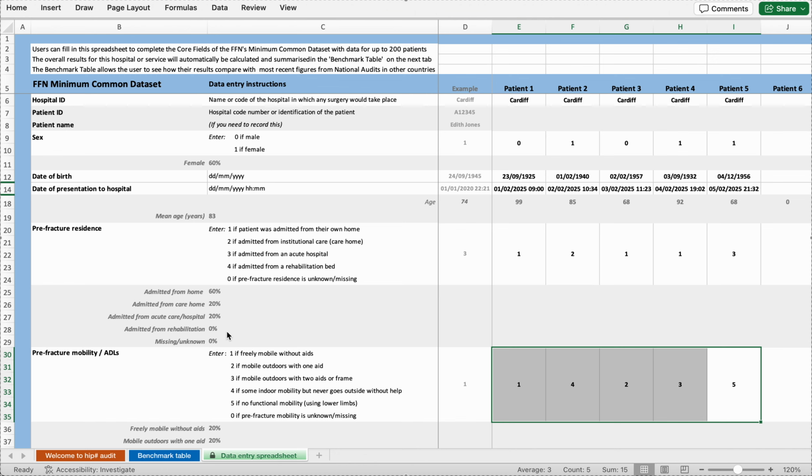These will calculate for themselves. You'll get these numbers automatically collected.